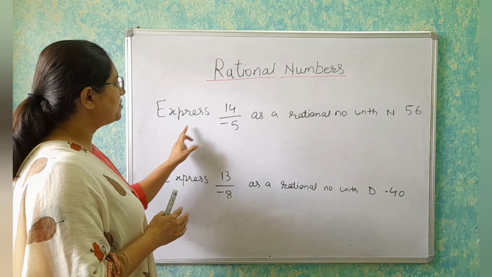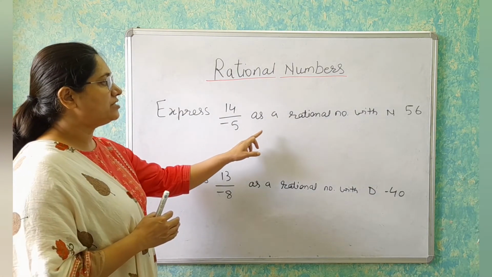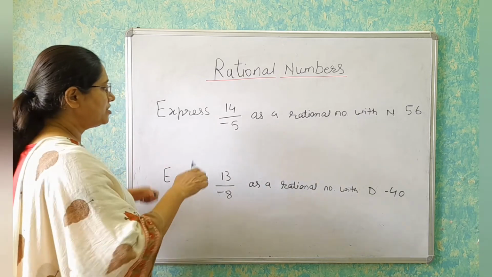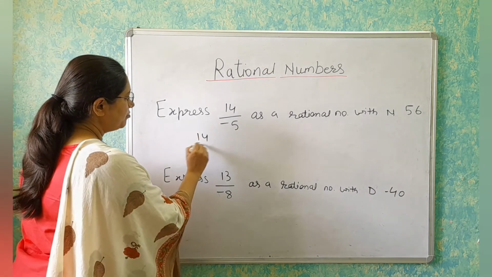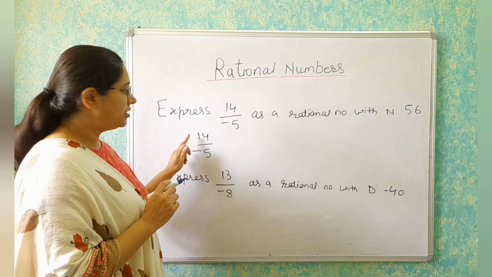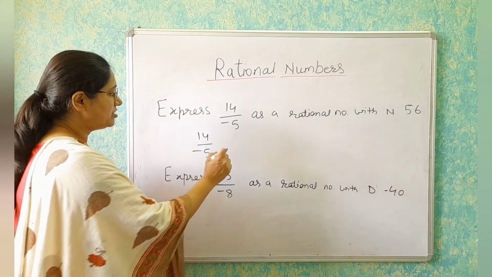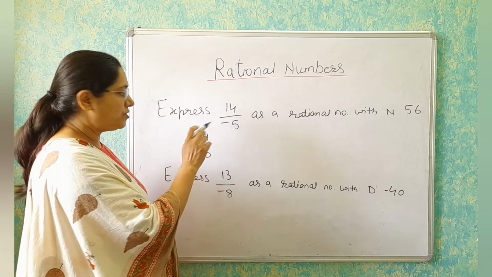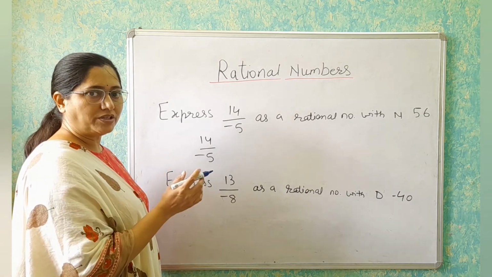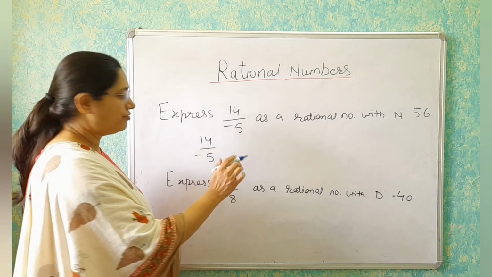Now we have to express 14 upon minus 5 as a rational number with numerator 56. So first I will write 14 upon minus 5. Numerator is 14 but I have to change it into 56. So 56 is bigger than 14. It shows that I have to multiply 14 with a number so that it will become 56.